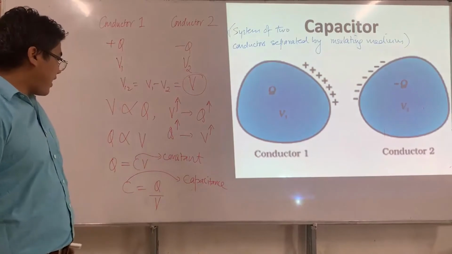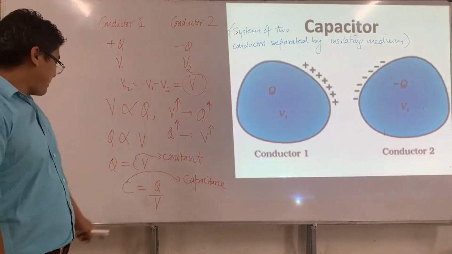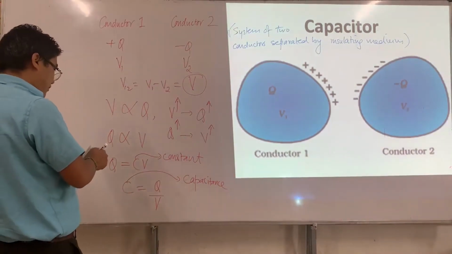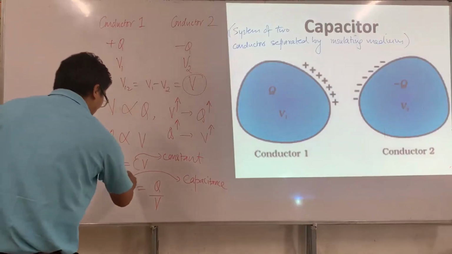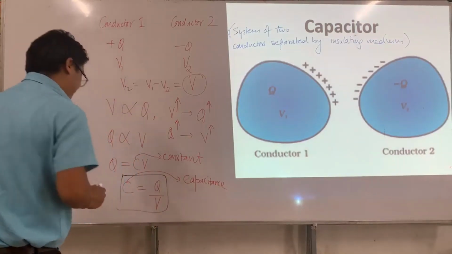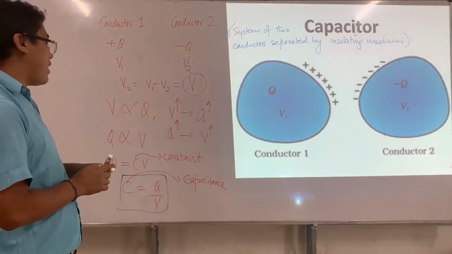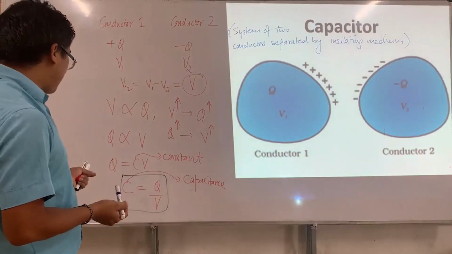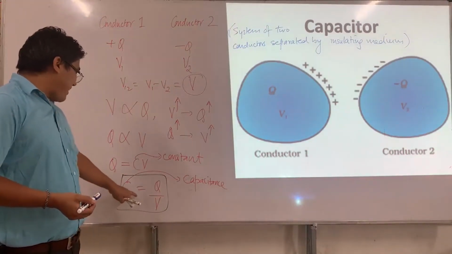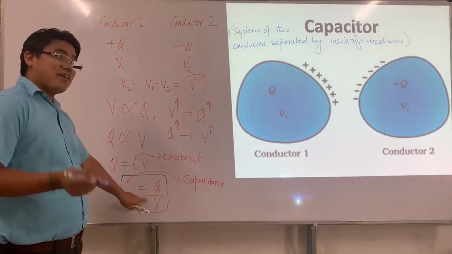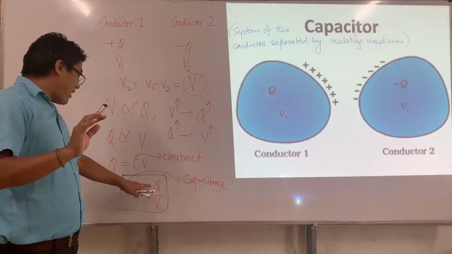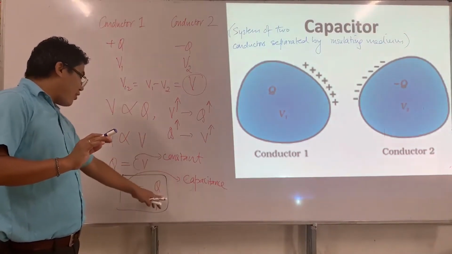This C is what we define as capacitance. So what is capacitance? This is how we define it: C is equal to Q by V. When I look here, C depends on Q and C depends on V. Yes, this is also right. Why? When I increase V, Q also has to increase.